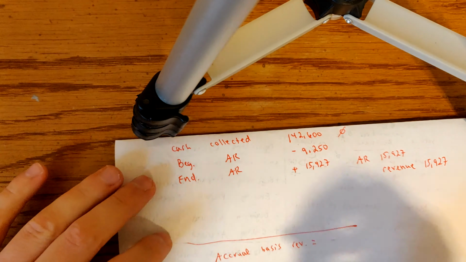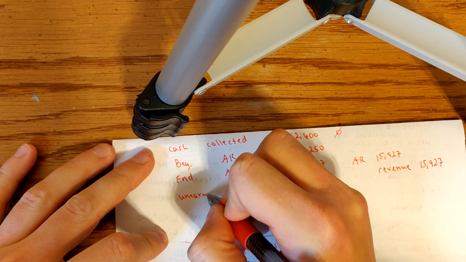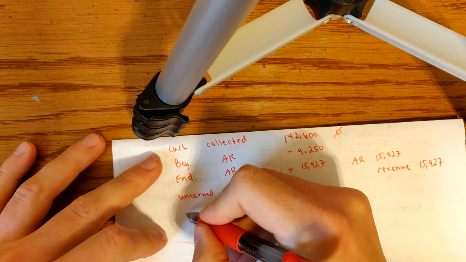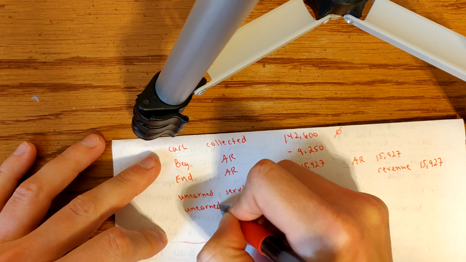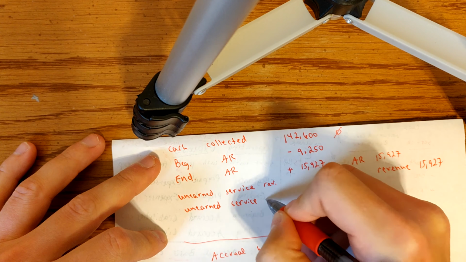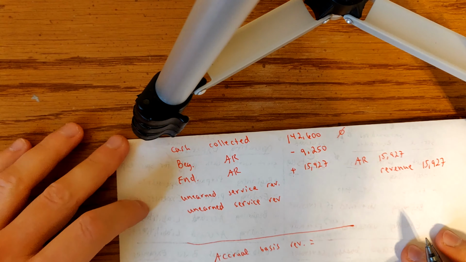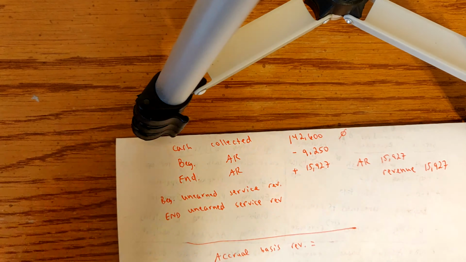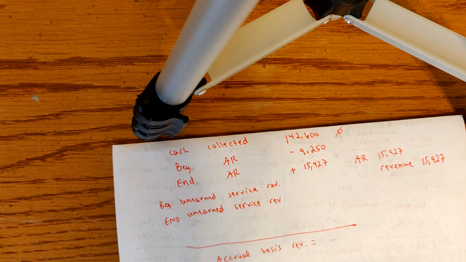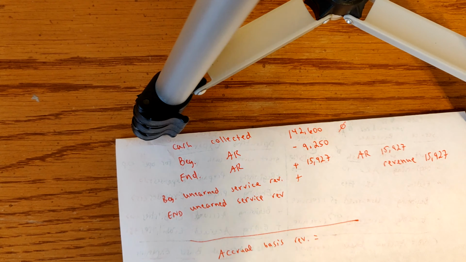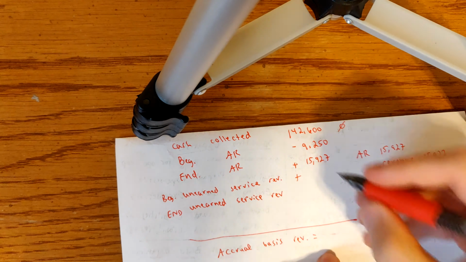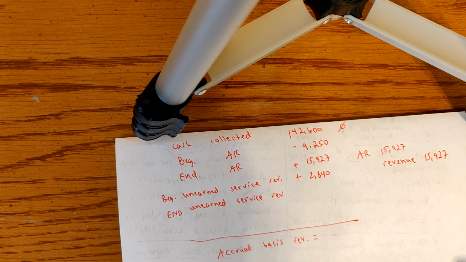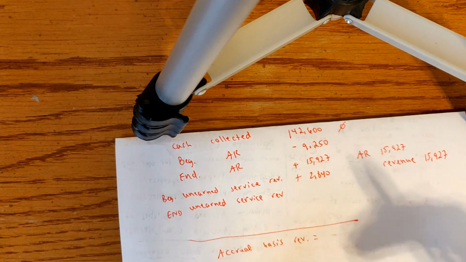Then we have two more items on the revenue side: our unearned service revenue beginning and ending balances. For the beginning balance, what do we need to do? We need to add it. Why does it make sense to add the beginning balance, which in this case is $28.40? Because that would be revenue we earn in the current period.